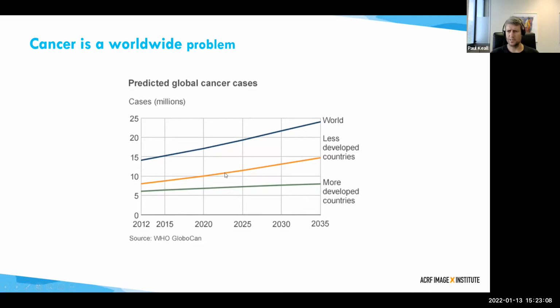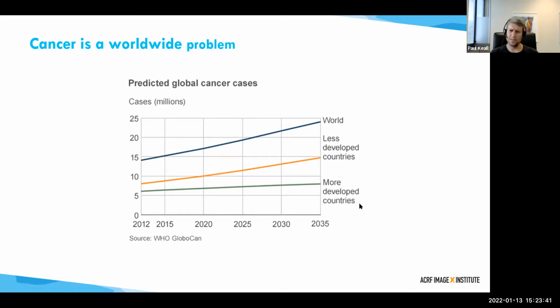In less developed countries, the life expectancy is increasing because of improved treatment and control of communicable diseases, so people are living longer. And so the increase in cancer cases in less developed countries is increasing at a more rapid rate. Obviously the two sum up to give the growing numbers in the world.